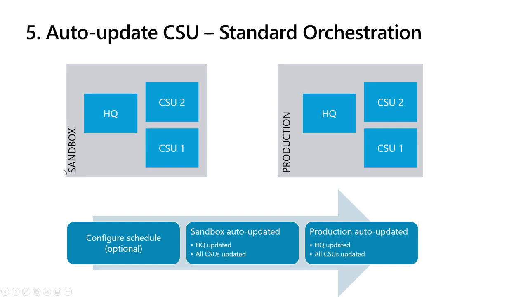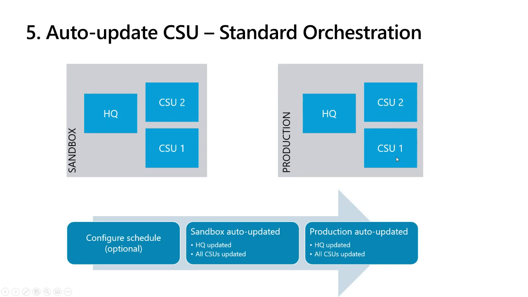Once you're good with this, after 5 days, your production environment update kicks in. For your production environment, we're going to update your HQ environment first. And then we're going to, in parallel, update all of the CSUs in your production environment. So that's going to be the flow. In Sandbox, only one CSU will be auto-updated.